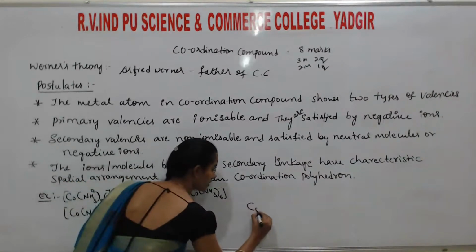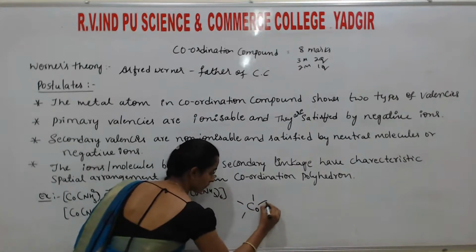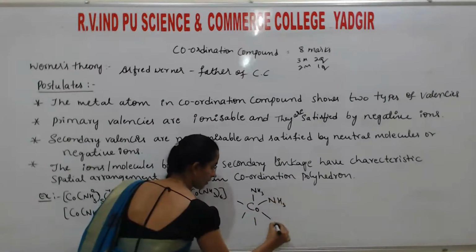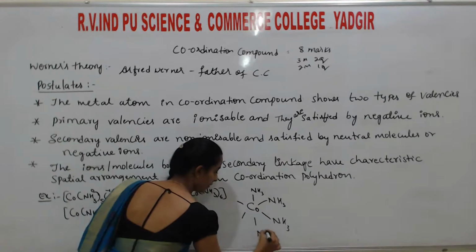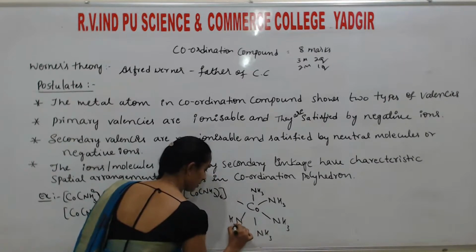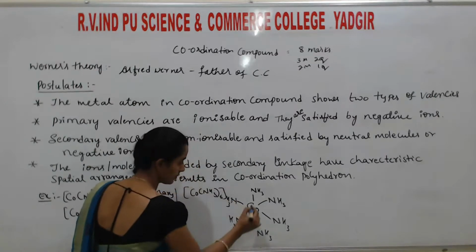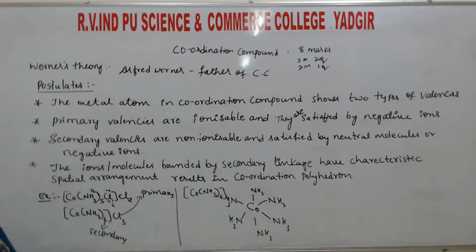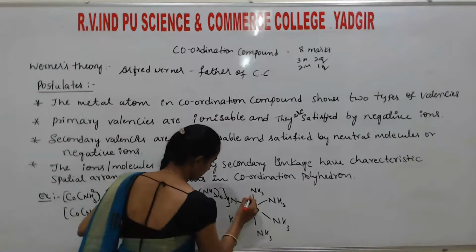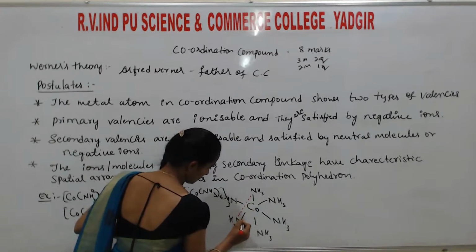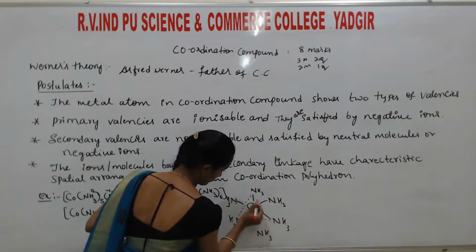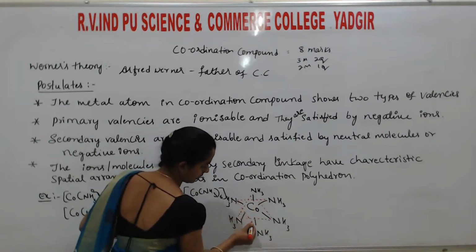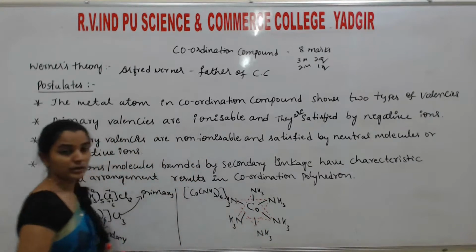For example, cobalt is there, so it is octahedrally bonded with this nitrogen atom. So here the structure is octahedral structure.